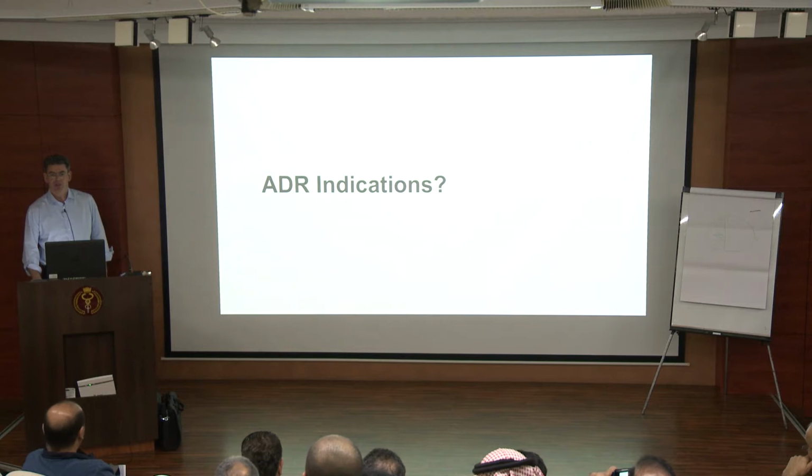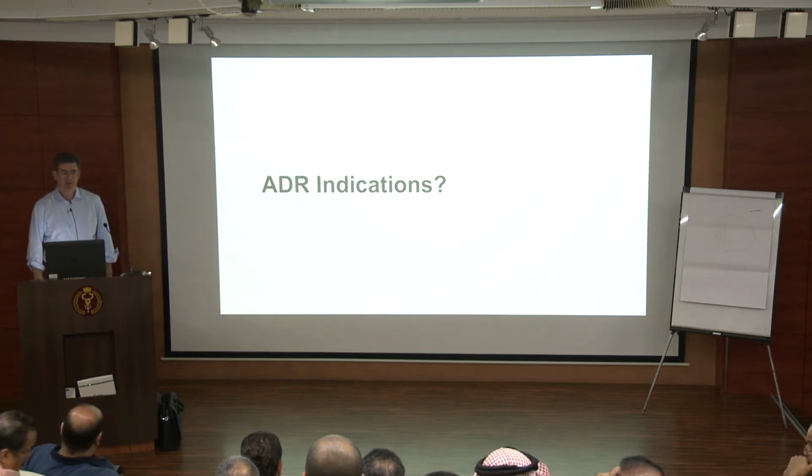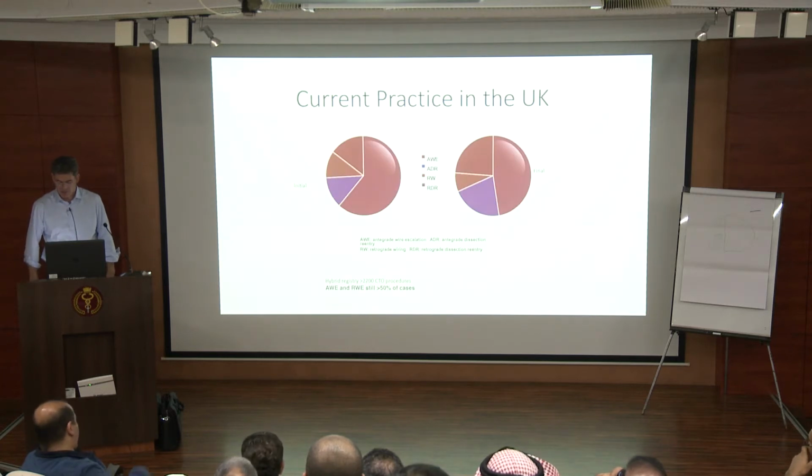So I think it's worth going over what we would now consider the exact indications for ADR, where it fits in with retrograde, and where it fits in with antegrade wire escalation.